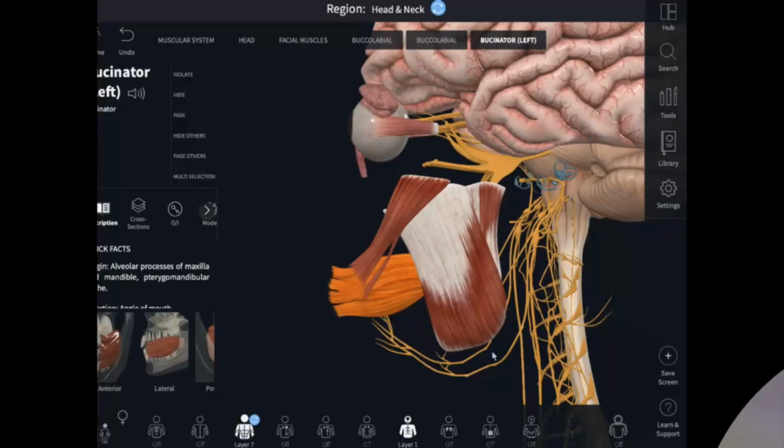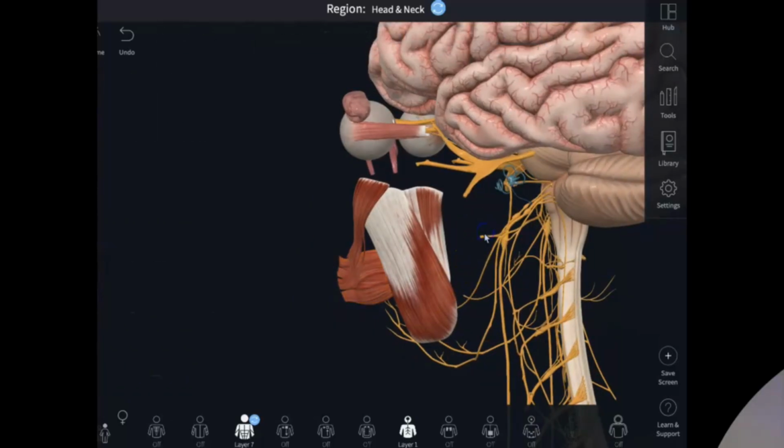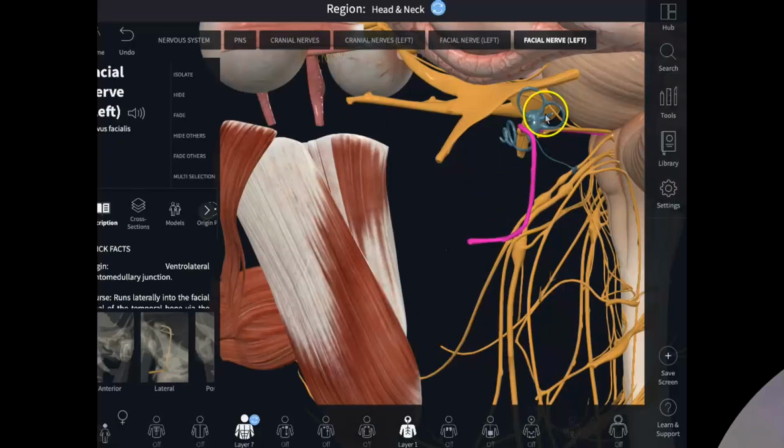The nerve for this is the buccal branches of the facial nerve. So the facial nerve is cranial nerve 7. I can show you that one right here. So this is the facial nerve right here, and the part that innervates it is the buccal branches.